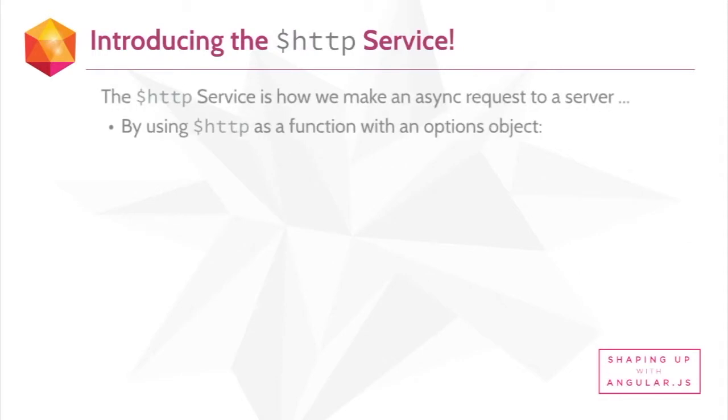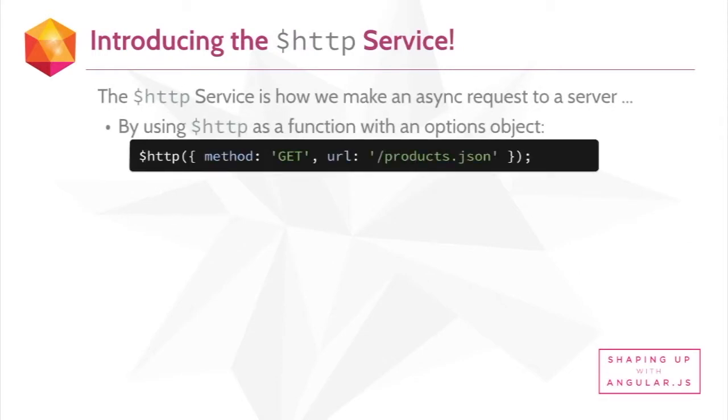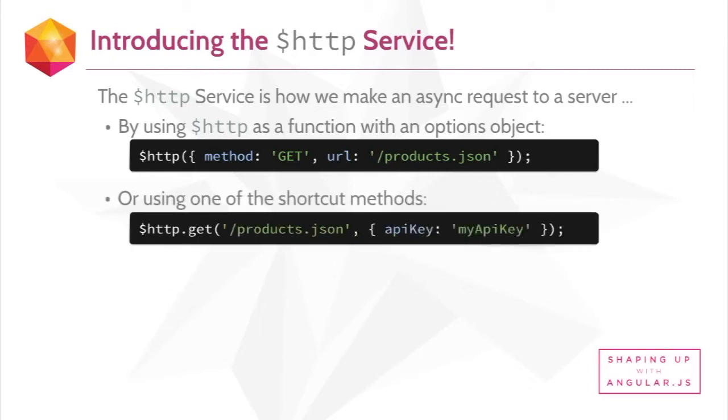The $http service is the one we need to use to get that JSON data from our server. We can do this by using the $http method as a function with an options object, like you see here, sending in the method and the URL. Or we can use one of the shortcut methods, using the get method, sending in a URL, and any additional query parameters by sending in a JavaScript object. Both of these methods return a promise.